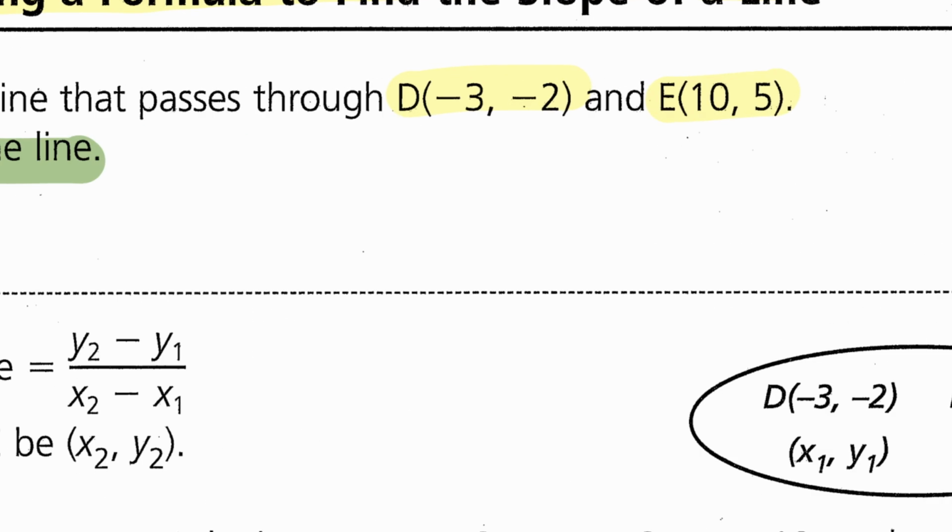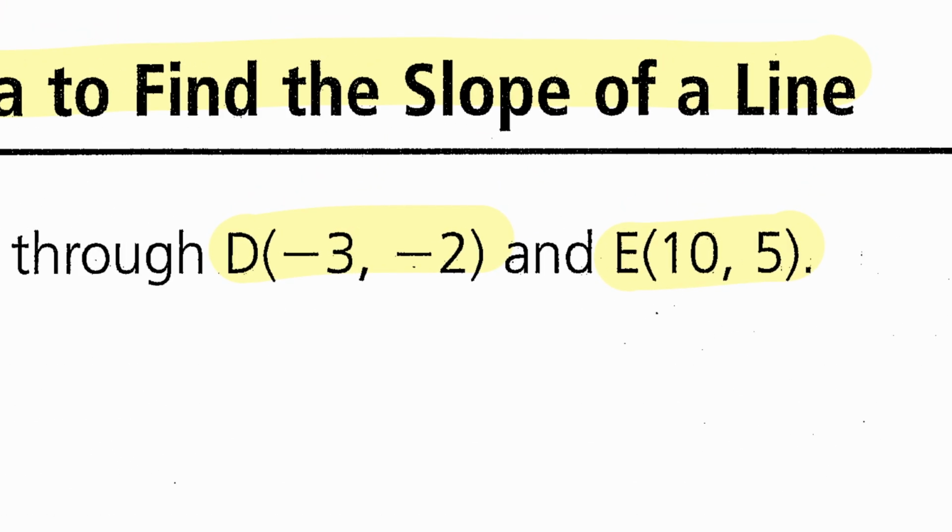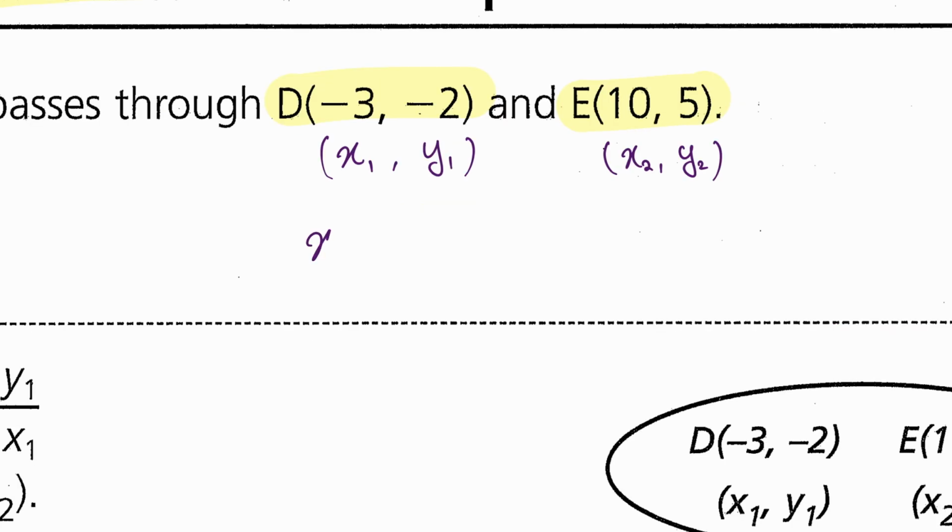So what I am going to do, we have 2 coordinates. Let the first coordinate be x1, y1. And the elements of the second coordinate be x2, y2. So what is my x1?